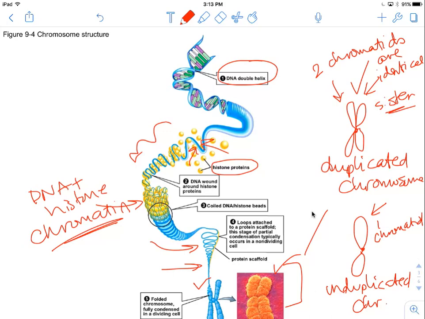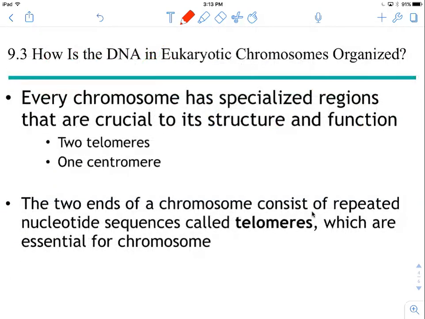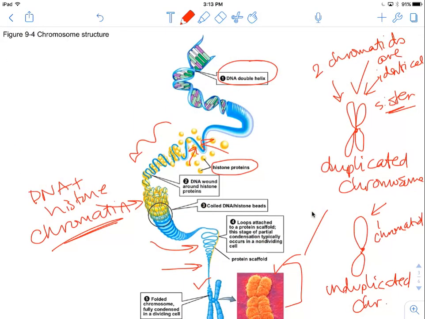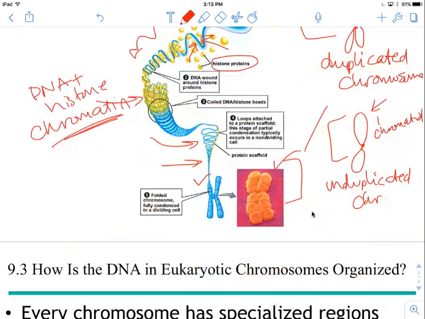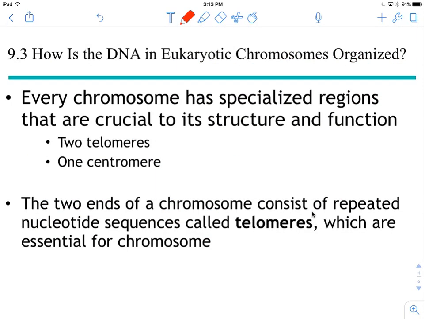Okay, and we've got a little bit more to talk about regarding the anatomy of a chromosome. So I suppose what we're starting to talk about here with these is the anatomy of our chromosome. Chromosomes also have two other regions that are crucial to its structure and function. One structure is called a telomere, and the other structure is called a centromere.